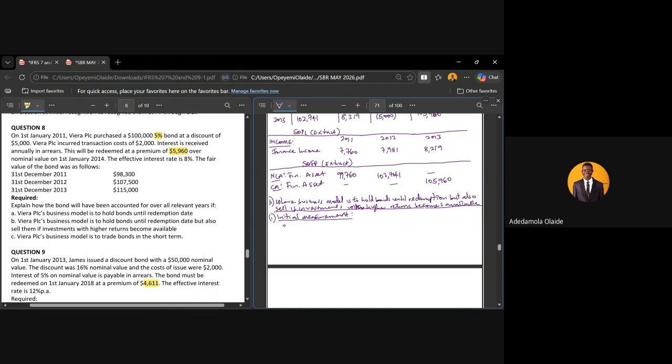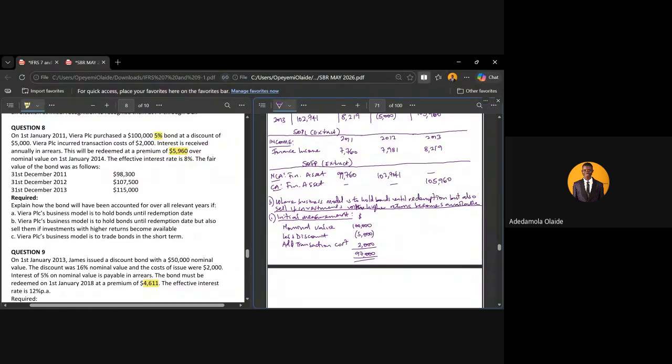We'll have the nominal value of the investment, 100,000, less the discount, 5,000. We had what? Transaction cost. How much is our transaction cost? 2,000. So the value will still be 97,000.